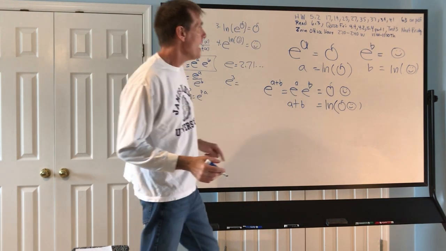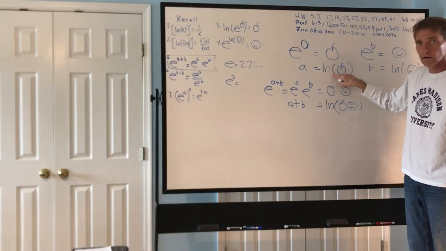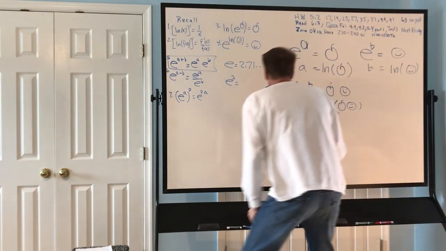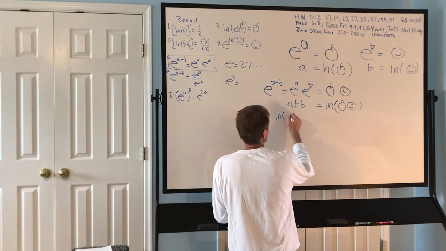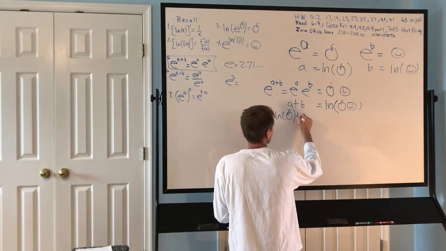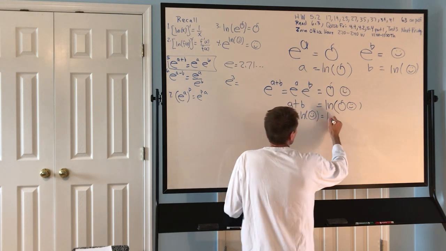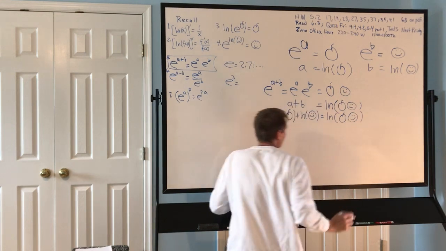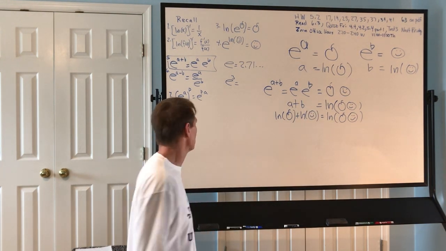But up here, a was the same thing as the natural log of apple, and b was the same thing as the natural log of smiley face. And we get our first property of our natural log functions.